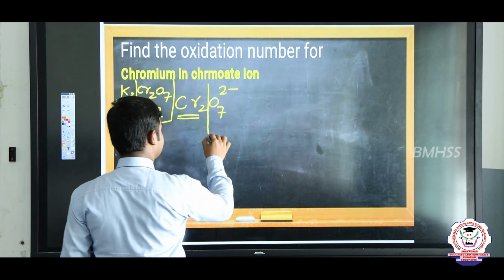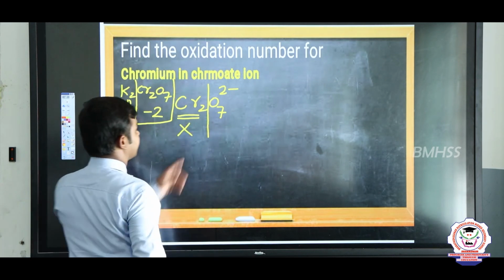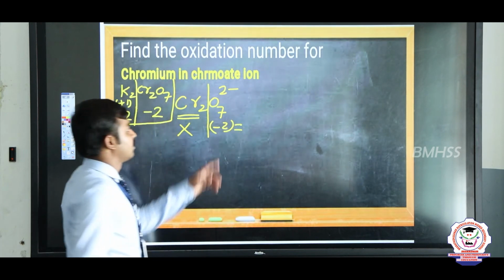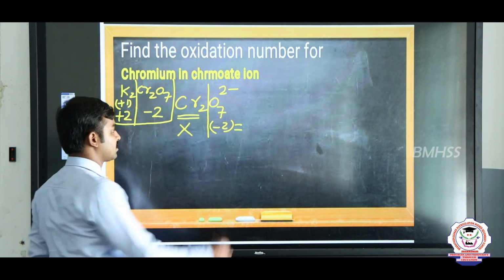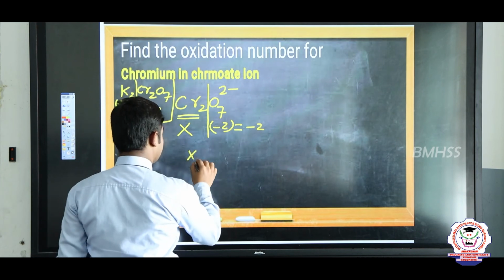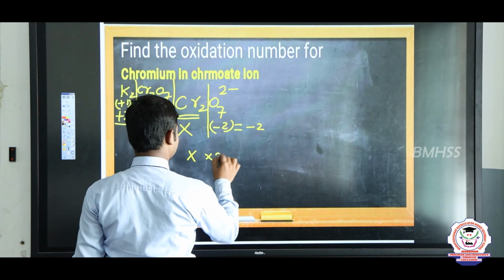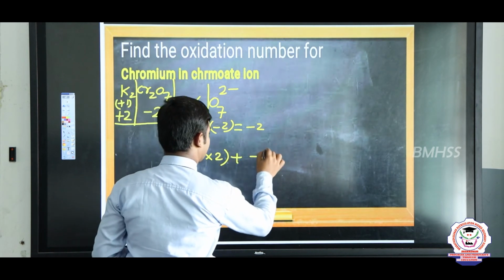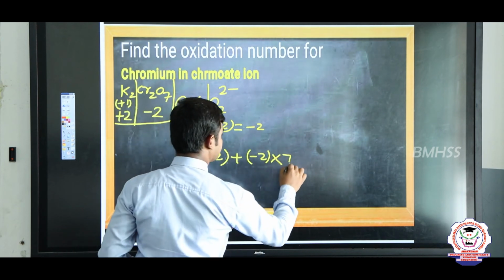Let us separate the elements. Chromium oxidation state is X, each oxygen has oxidation state minus 2, and the total oxidation state of this ion is minus 2. So, we can write X into 2, since 2 chromiums are present here, and minus 2 is the oxidation state of oxygen, multiplied by the number of oxygens, 7.